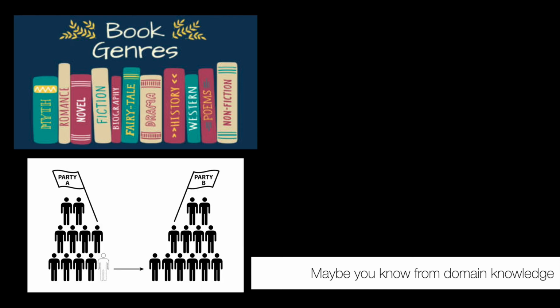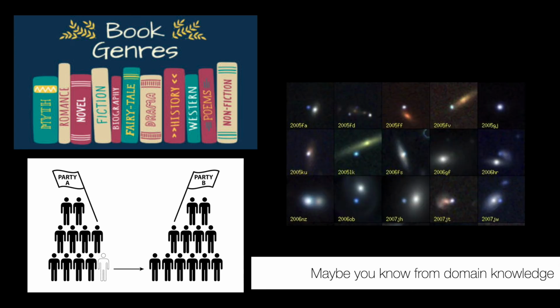So for instance, maybe you know from domain knowledge how many genres there are, and you're looking at books or documents. So you know from just the domain, well, we can't have more than the number of genres in books if we're trying to cluster books. Or if we're doing political parties, maybe we just know how many political parties there are in a country, and as a result, we can specify, well, we're trying to cluster into political parties, so we specify this k value from beforehand.